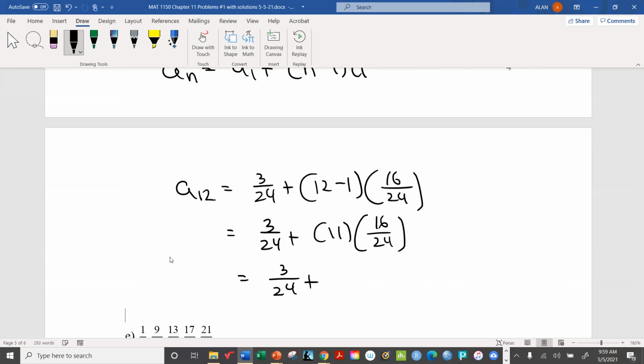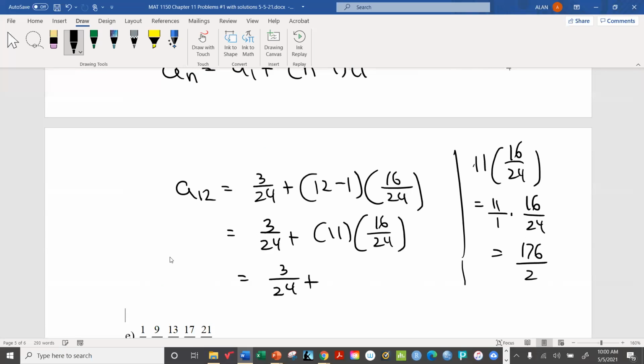So this actually, let's do this over here. 11 times 16 over 24 is equivalent of 11 over 1 times 16 over 24. So you've got 176 over 24. So that term is 179 over 24. Again, you actually might be able to reduce this a little bit, but let's just leave it like this for the sum formula. By keeping everything in 24ths, most likely that'll speed things up a little bit.